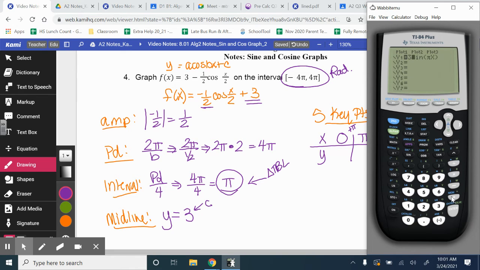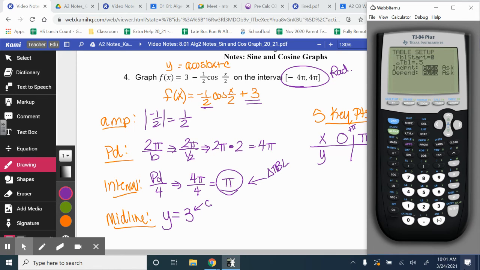So you could type in the original. So 3 minus 1 over 2 cosine. And here you can do x over 2, or you could do 1/2 x, a lot of different options there.